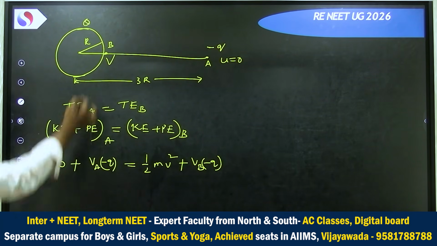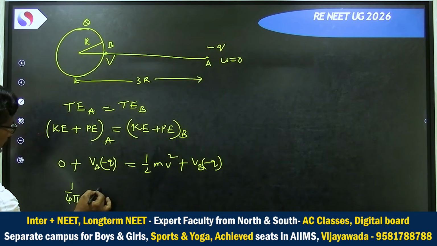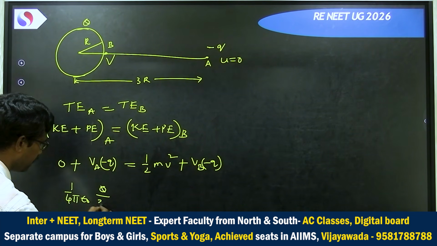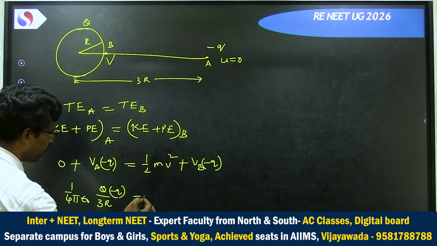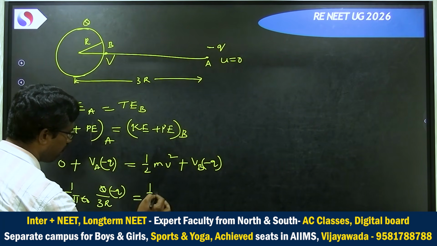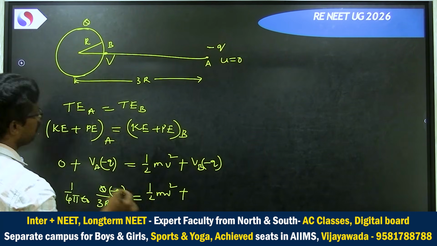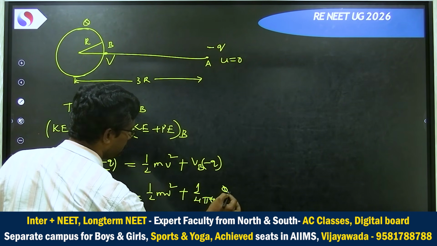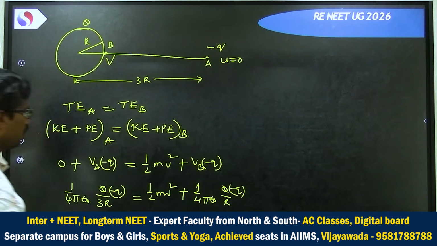Here we write the potential at A is 1 by 4 pi epsilon naught capital Q by this distance 3r, into negative charge minus q, is equal to half m v square plus potential at B at this surface. It is at a radius r, 1 by 4 pi epsilon naught Q by r into this charge minus q. Okay.